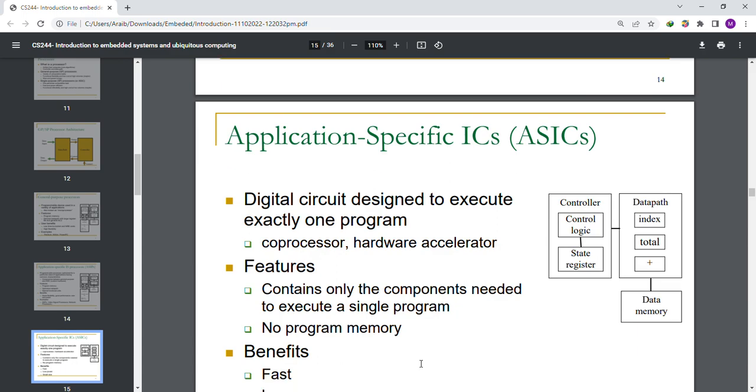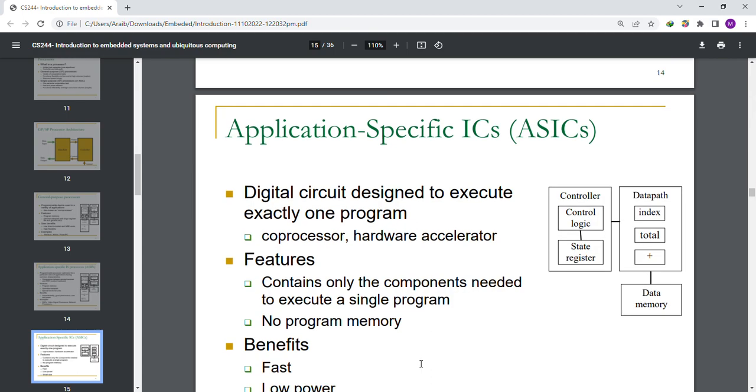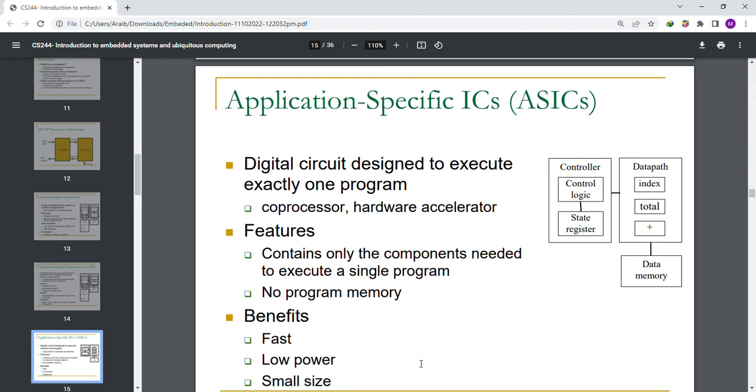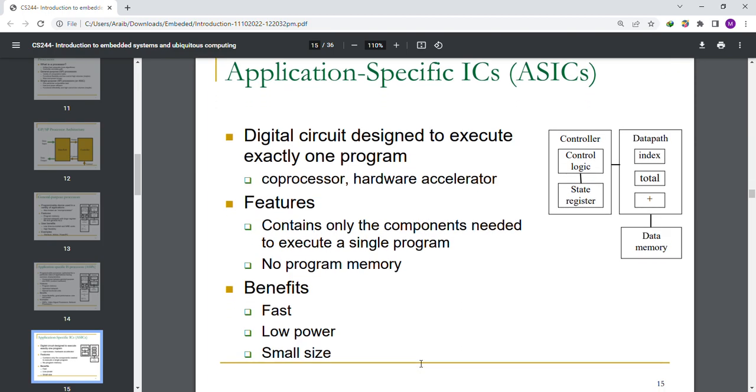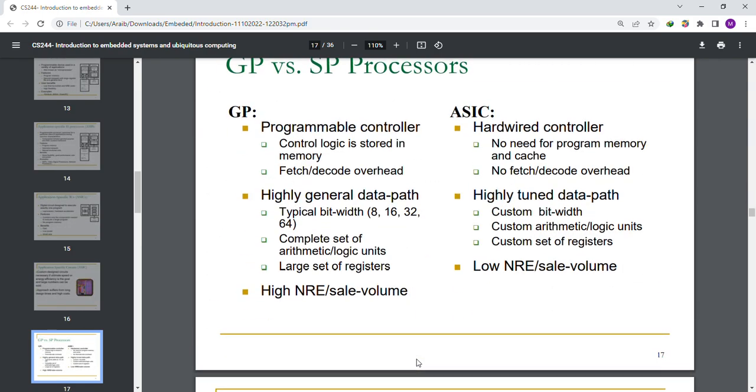Application specific ICs, ASIC. A digital circuit designed to execute exactly one program, also called a hardware accelerator. Features: contain only the components needed to execute a single program. No program memory. Benefits: fast, low power, small size.